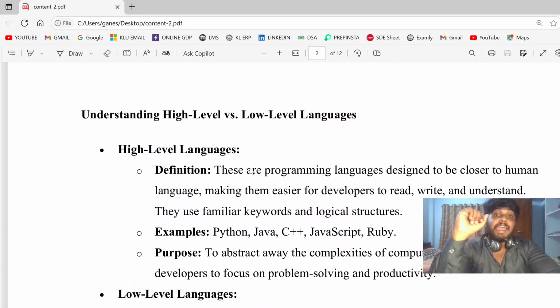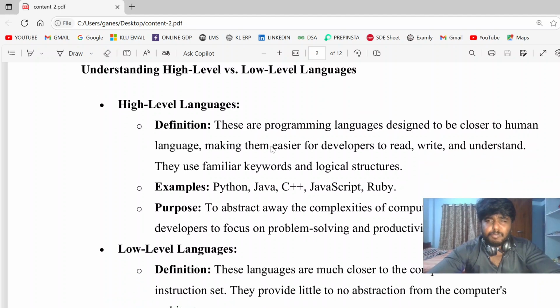Understanding what high level and low level languages are. Most of you might know this concept, but I am explaining it again. High level programming languages are designed to be closer to human language, making them easier for developers to read, write, and understand. They use familiar keywords and logical structures.